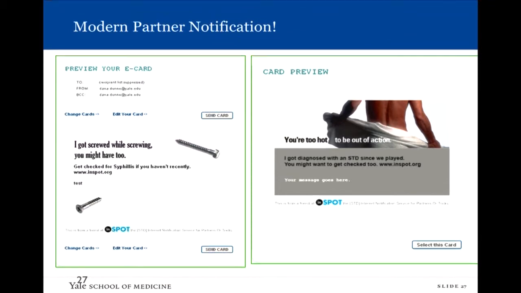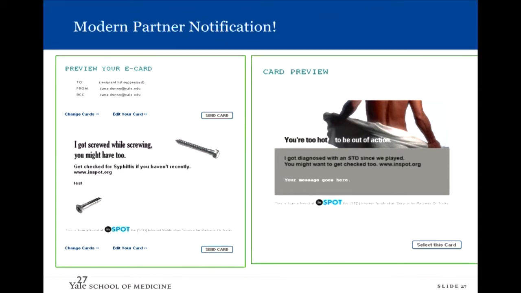So the last thing I want to cover is just partner notification. This is something that a lot of us forget to do, and it's really been difficult in the era of finding hookups through Grindr or online, when patients don't necessarily know how to get a hold of them.